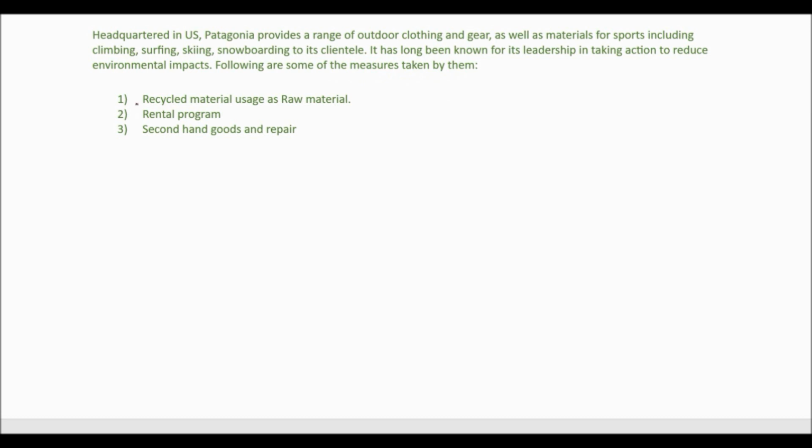So first one is recycled material usage as raw material. So what they have been doing is that they have been reducing their dependence on new raw material since 1993, when they started making fleece out of recycled plastic bottles.